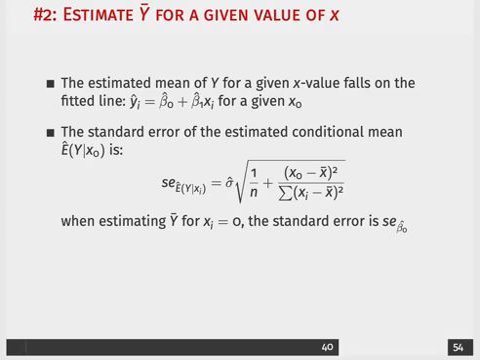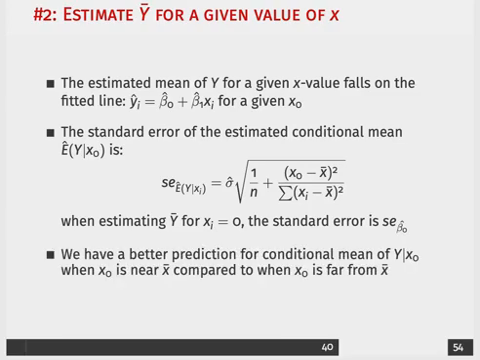And we're essentially just taking an average of those and standardizing it by our sigma. Now, when estimating for y bar when x equals 0, the standard error is going to be the standard error of where the regression line goes through the y-intercept, which should make sense, right? Because that is where x equals 0.